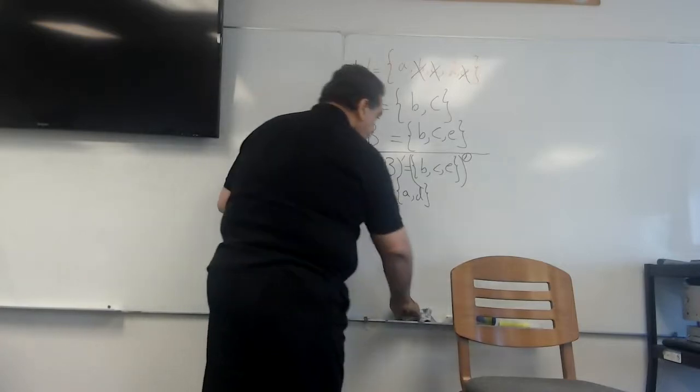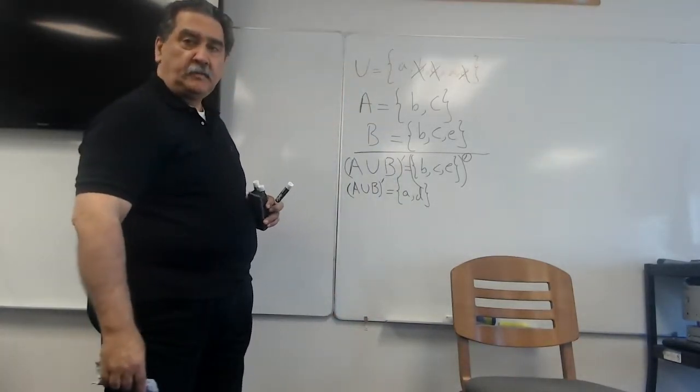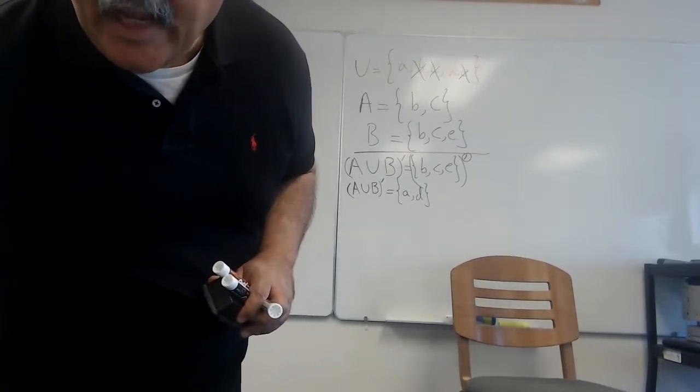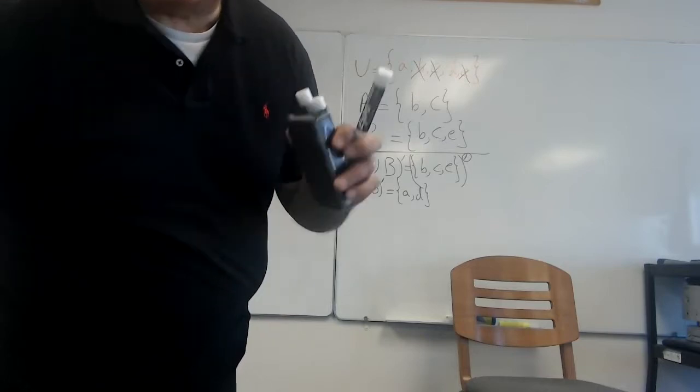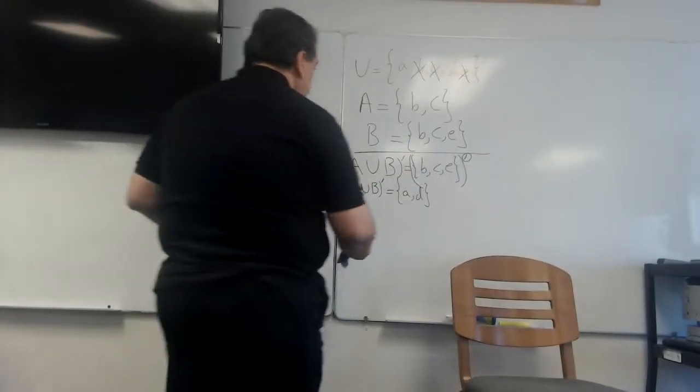Now, the next question, question number 10, is asking for the intersection of A prime and B, parenthesis prime.